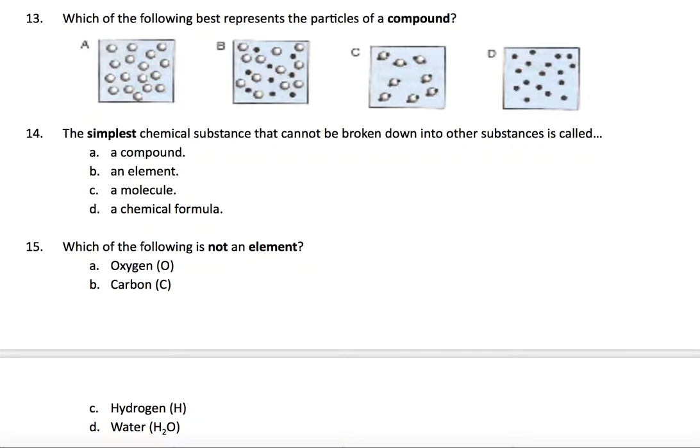The simplest chemical substance that cannot be broken down into other substances is called A, a compound, B, an element, C, a molecule, D, a chemical formula. Question 15. Which of the following is not an element? A, oxygen, B, carbon, C, hydrogen, D, water.